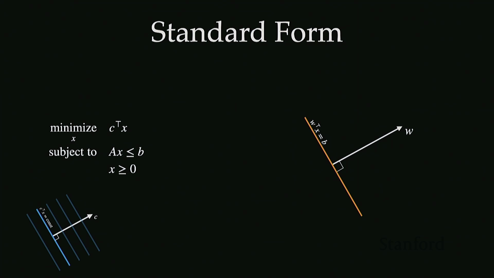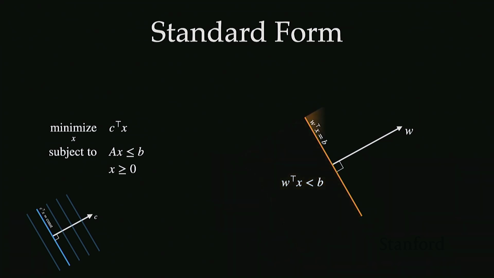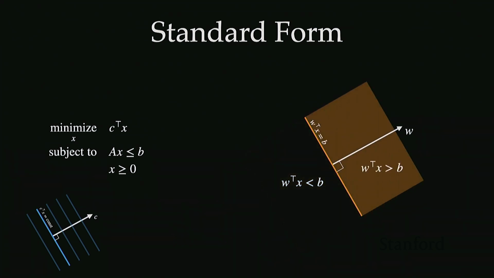Half spaces are represented by these inequality constraints. If we have w transpose x less than b, meaning we're on the left side of this contour line, that's one half space. You can think of the inequality constraint as just dividing the space into two halves. On the other side, we have the w transpose x greater than b constraint.